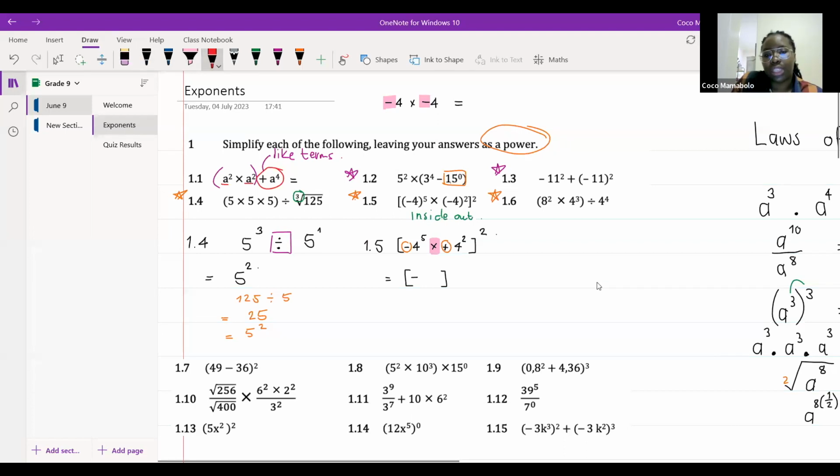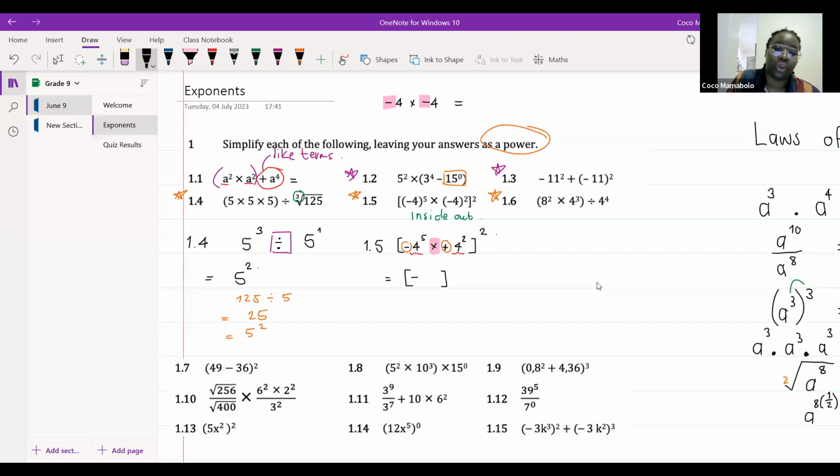And then I'm going to notice that I have like bases being multiplied. So what am I going to do? You're going to first multiply 4 times 4, then you get 16. No. Remember, we must always keep the base. What is my base? The 4, ma'am. Good.